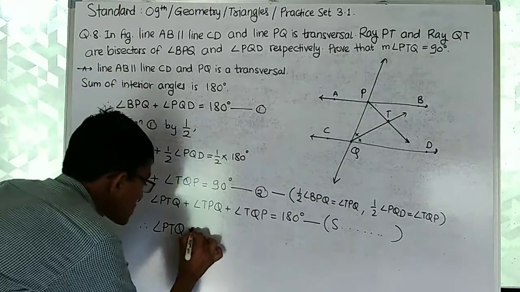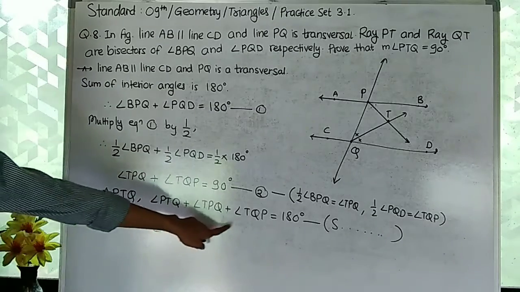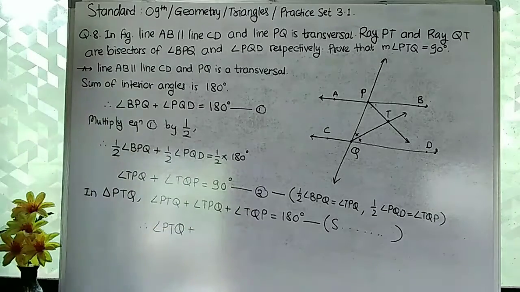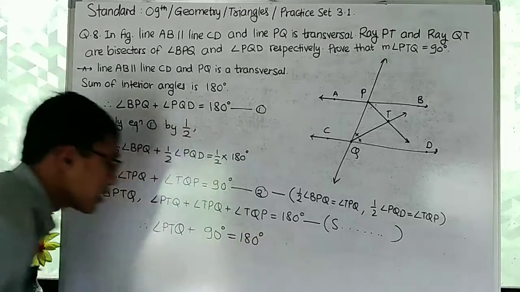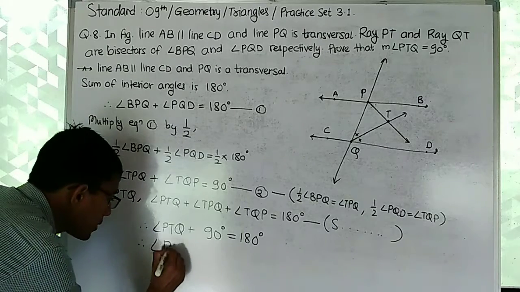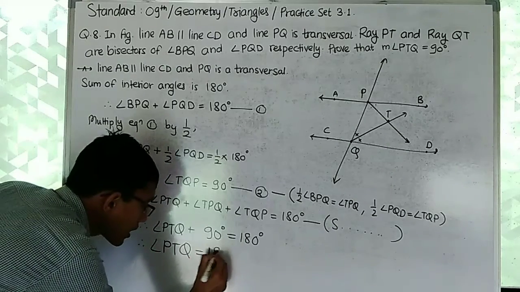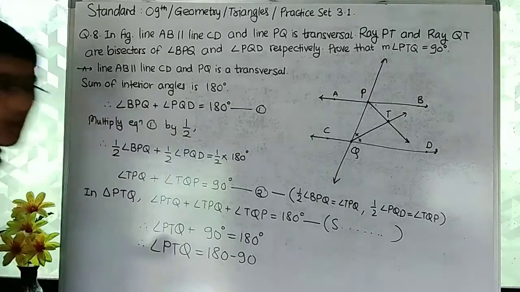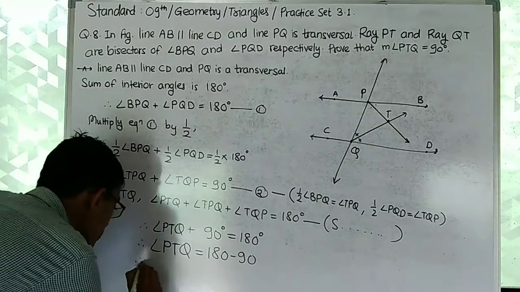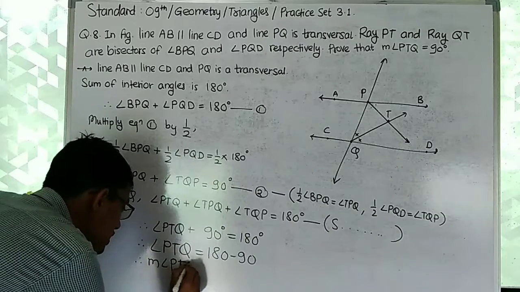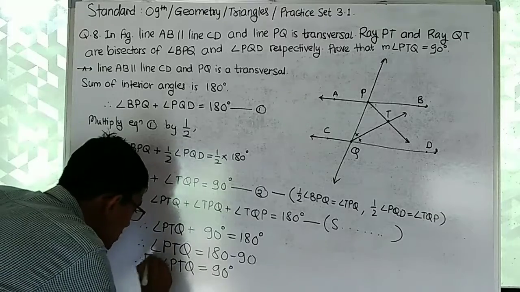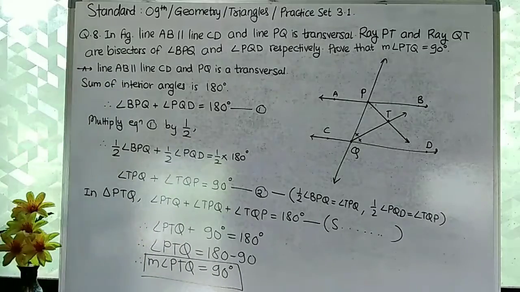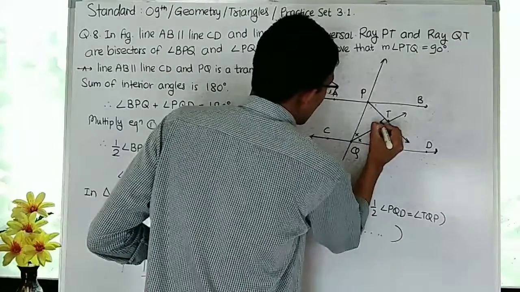The sum of TPQ and TQP that we have got is 90 degrees, so we put 90 degrees here, equal to 180 degrees. Therefore we will get angle PTQ is equal to 180 minus 90. At the end we can write, therefore angle PTQ is equal to 180 minus 90, which is nothing but 90 degrees. Hence we have proved that the measure of angle PTQ is 90 degrees.